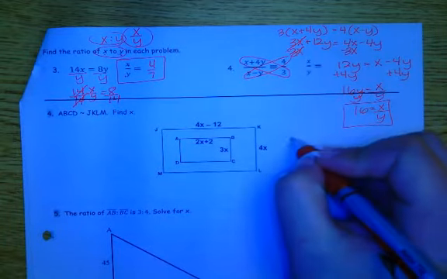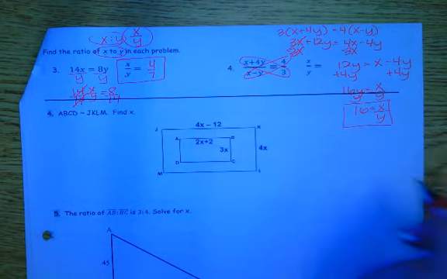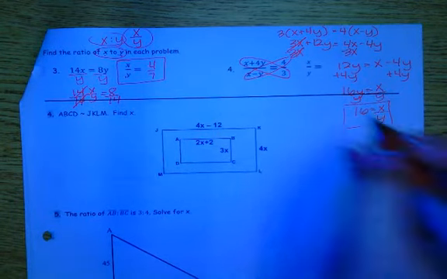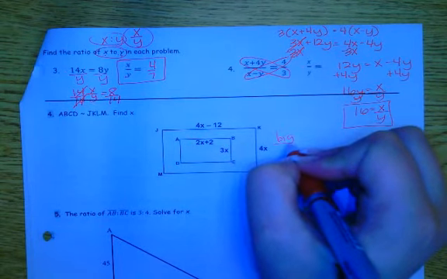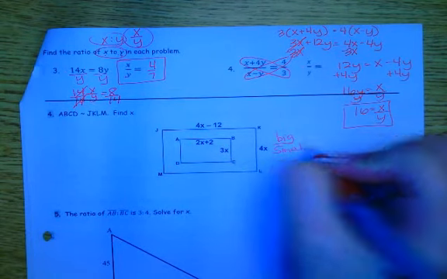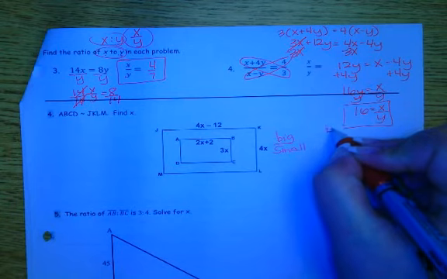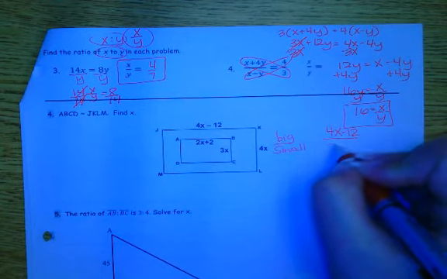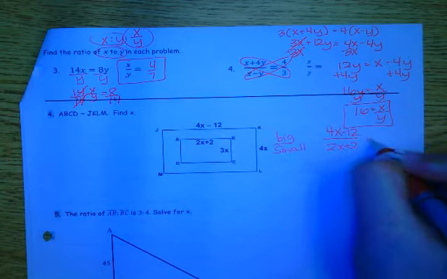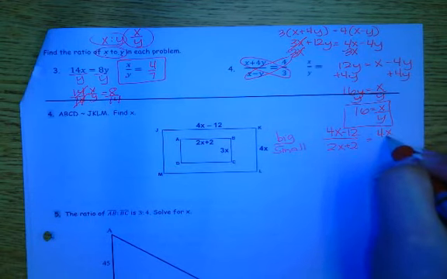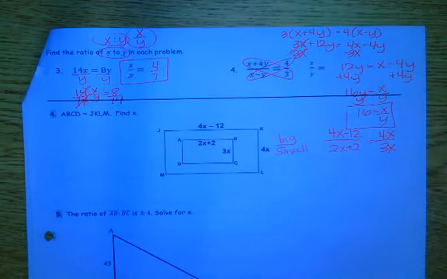Let's say we do big over small. What is my proportion? 4x minus 12 over 2x plus 2 is equal to what? 4x over 3x. Okay, solve for x. See if you can solve for x.